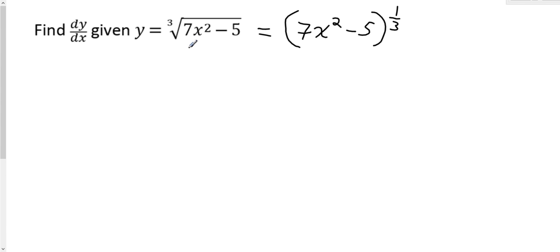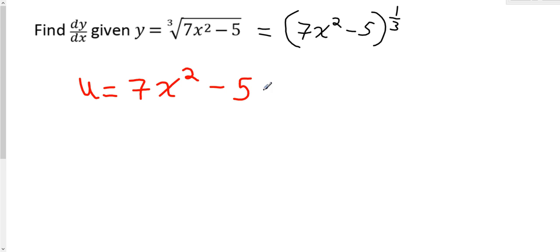All right, so looking at this function, I see that the function on the inside, which I'm going to call u, is u equals 7x squared minus 5. So u is 7x squared minus 5.